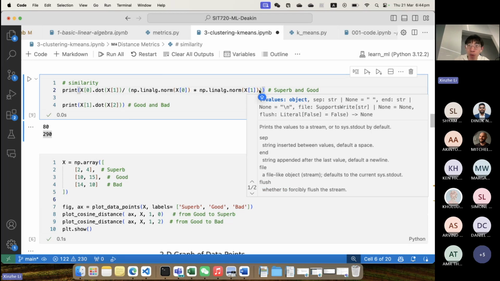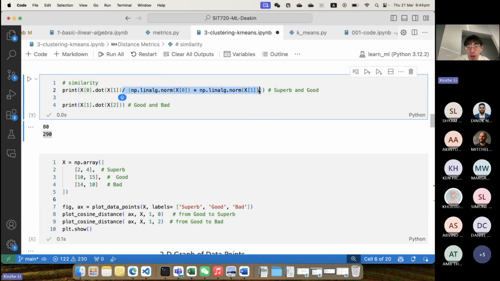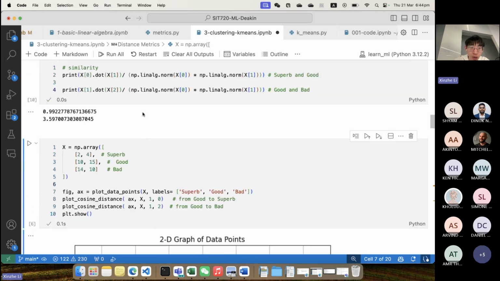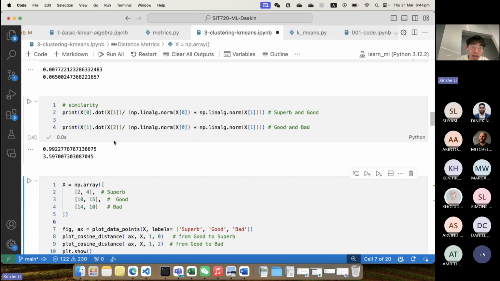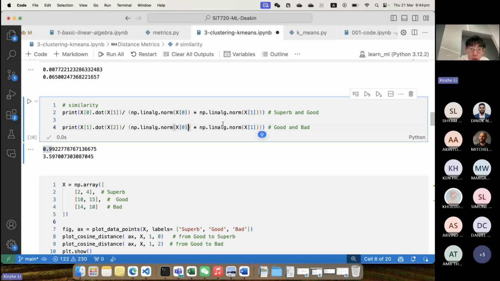It's similar to what we learned last week about the min-max scale. So min-max scale is a normalization technique for features. So here is also a normalization technique. Now you can see the results. The similarity between, oh no, it should be 1, right?